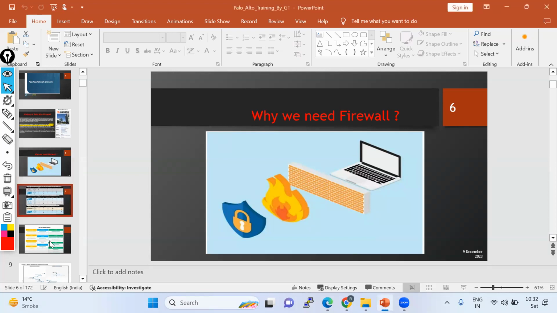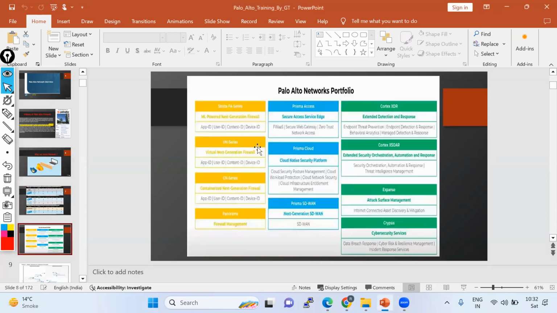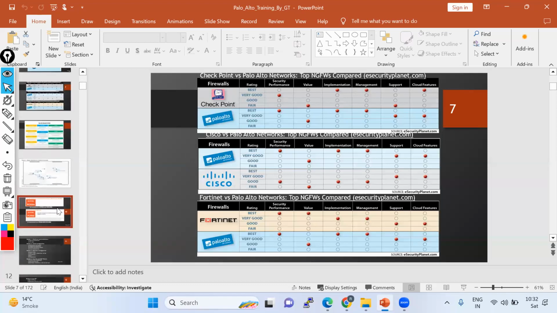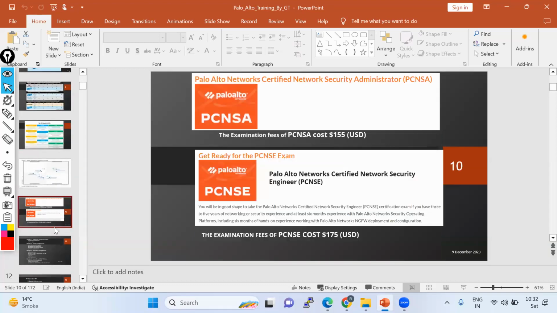Then we'll get an understanding of the Palo Alto firewall portfolio, the different products in Palo Alto and which products we are going to cover. We'll try to understand the comparative analysis of different vendors, and why we should learn the Palo Alto firewall. Then we'll talk about what certification we are going to do after completing this course.